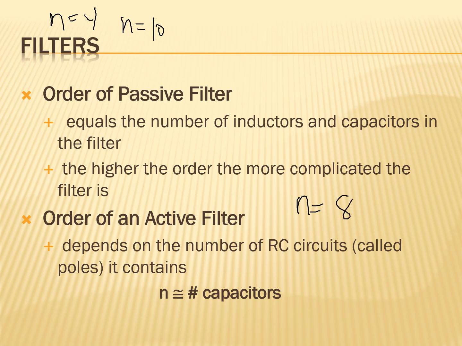However, counting the individual RC circuits or combination of RC circuits in any active filter is usually difficult. So for a simpler method, we just count the number of capacitors. If we have, for example, 12 capacitors, then the order of our active filter is equivalent to 12.